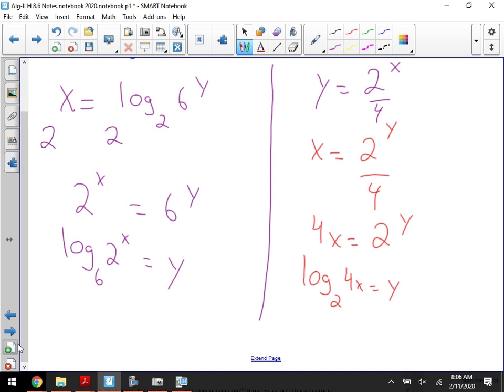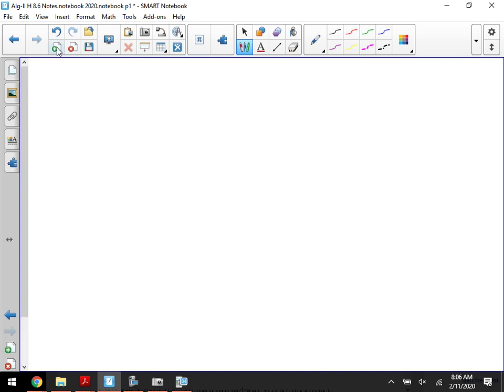Yes, ma'am. Can we go over the log graph? Sure. So when you're graphing logs, whenever you graph logs, the only things you can plot are going to be your base, comma 1, and 1, comma 0.